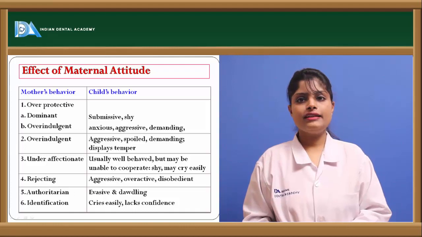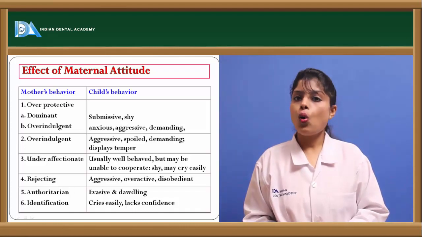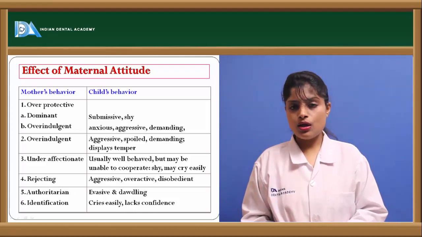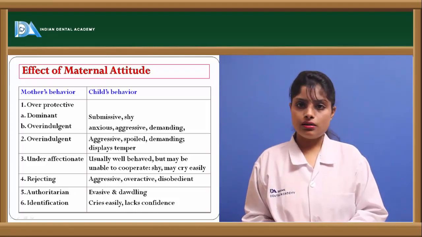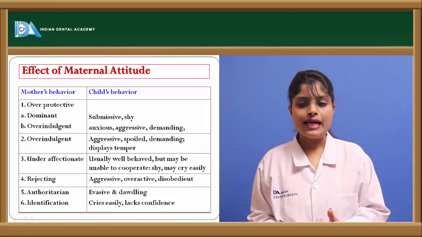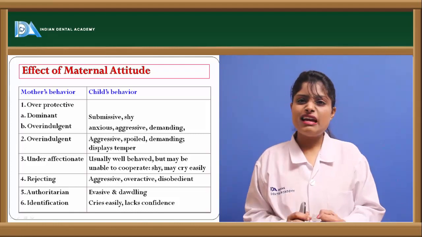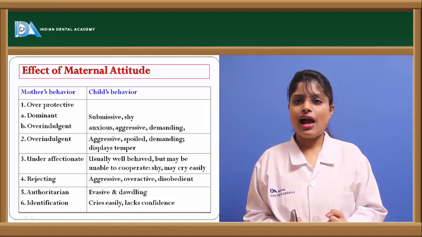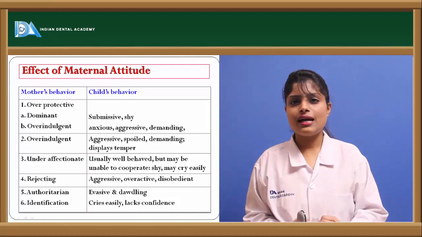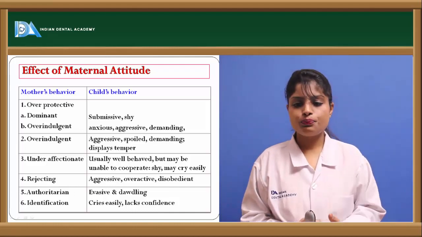Even the overprotective mother can be a dominant mother or an overindulgent mother. In a dominant mother, the child will generally be submissive or shy, and in the overindulgent mother, the child will be anxious, aggressive, and will show excessive overactivity and will be demanding too.